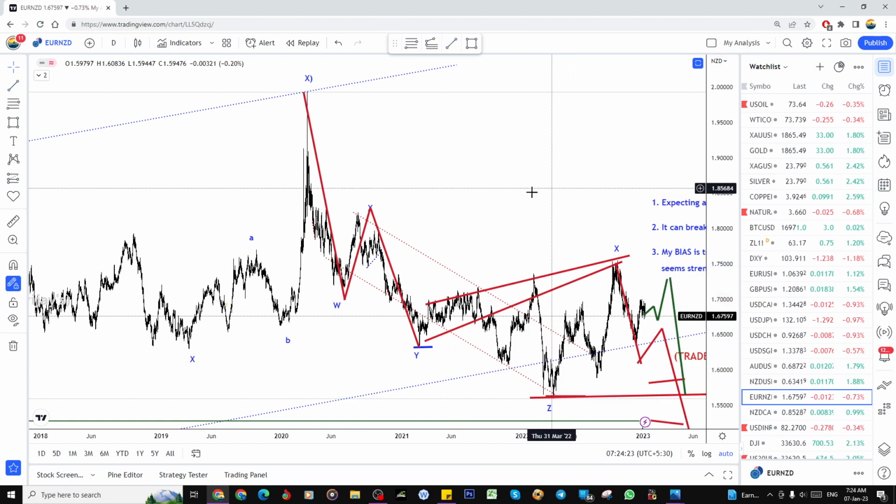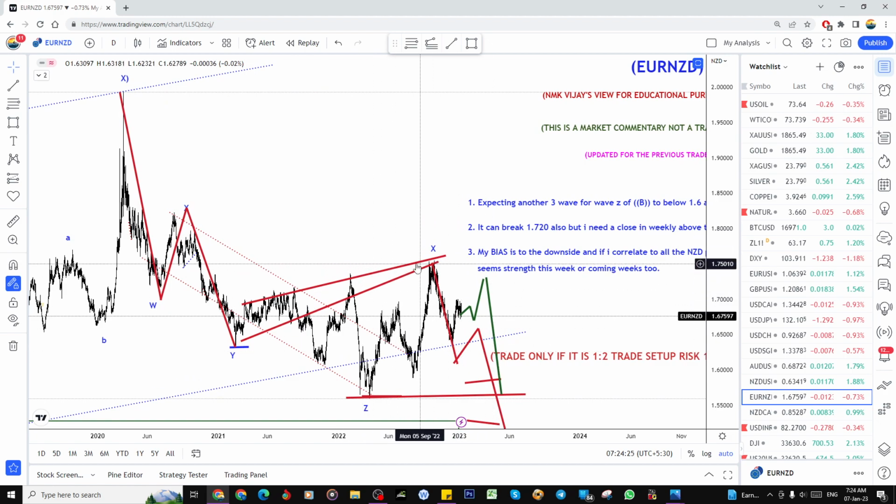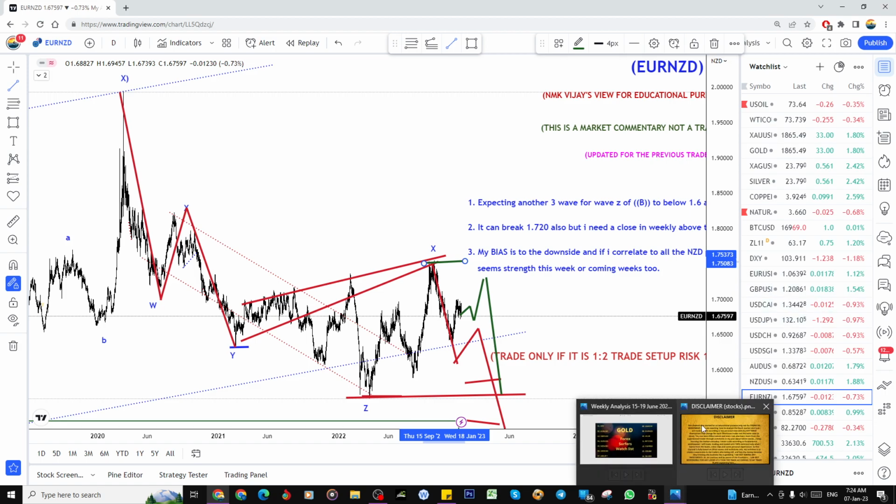So wait for this pattern, making this a stop loss. If this is A, B, C, D, E, we need it like this: impulsive, corrective, impulsive, right? Next is, one second, I will close this.